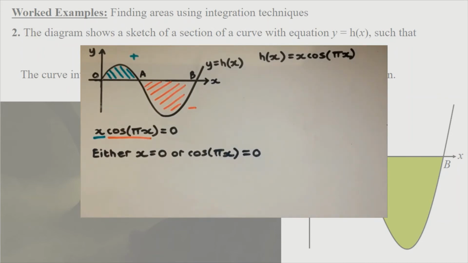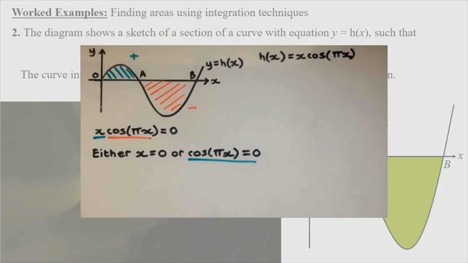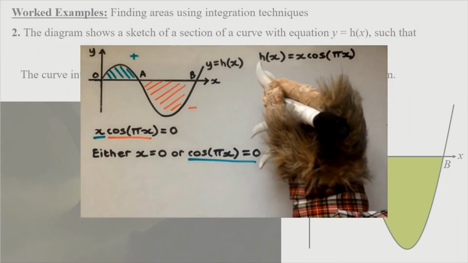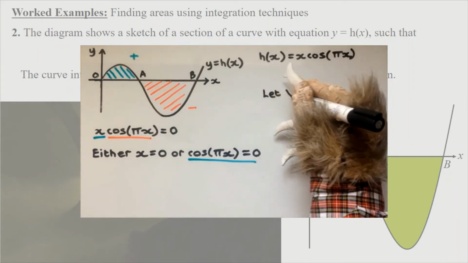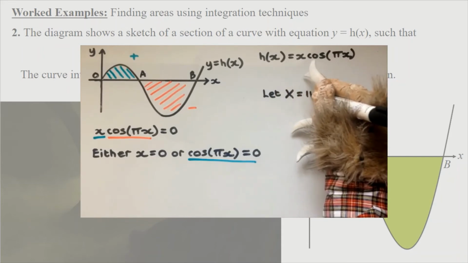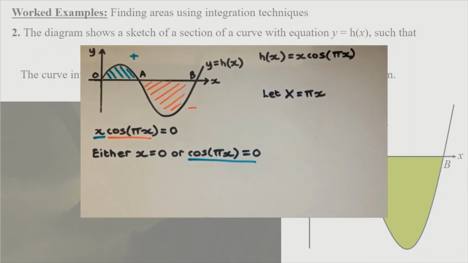So what I'm going to do next, I'm going to solve this as a trig equation. So I'm going to set up a principal angle. So we're going to work on this now, and I'm going to do this up in the corner. So we're going to say let big X equal pi x. There we can find our principal angle.